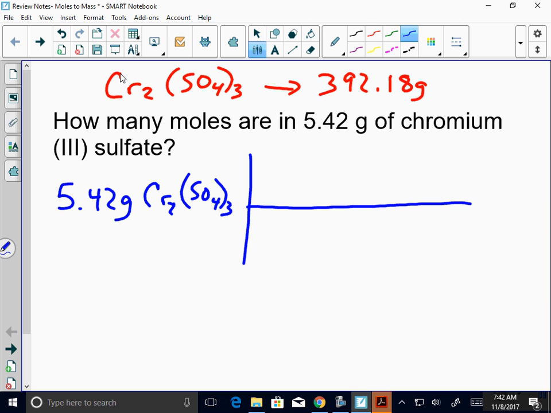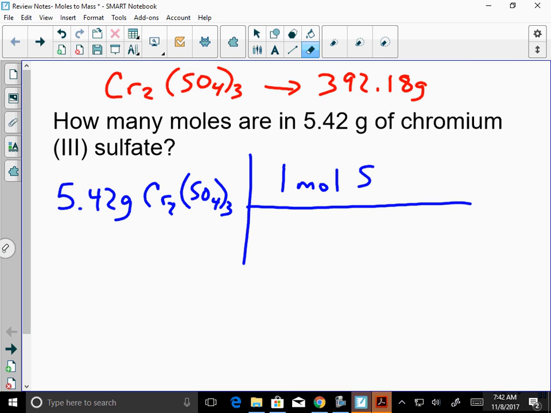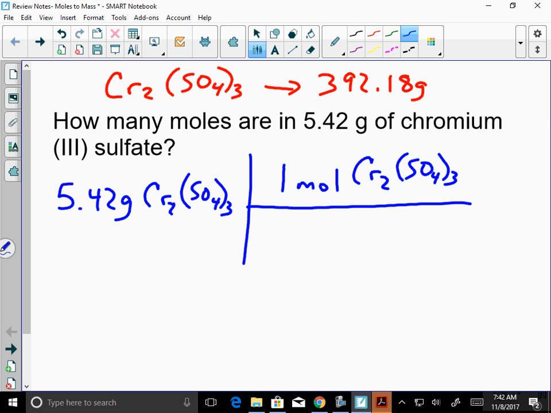That tells me that I need to have 1 mole of chromium(III) sulfate on the top. On the bottom is going to be my molar mass, which I just calculated, 392.18 grams of chromium(III) sulfate.